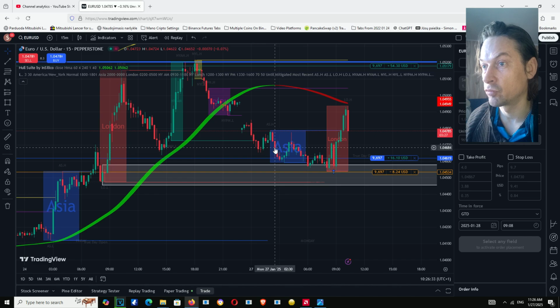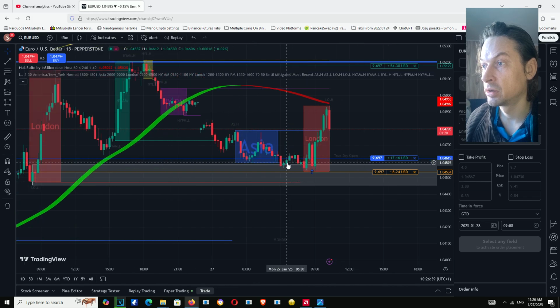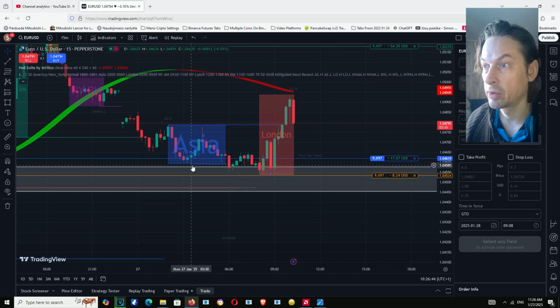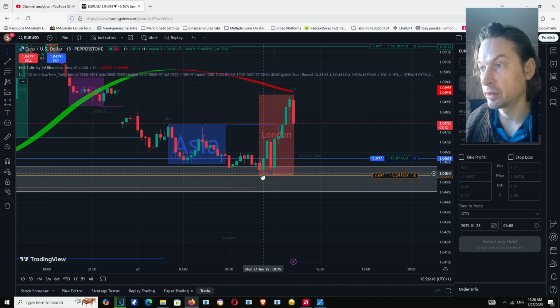So if we want to take a trade higher, liquidity could be targeted. So this was liquidity, this was targeted, and this was liquidity, and this was targeted.